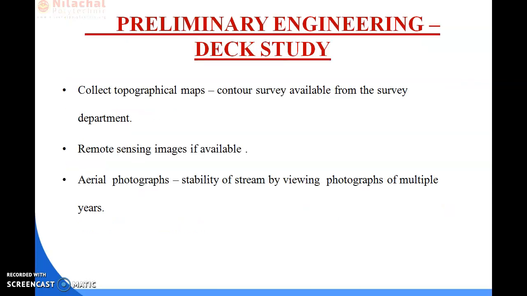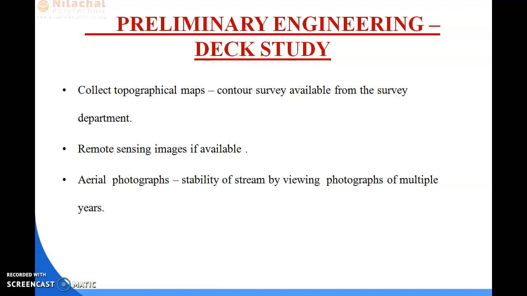Okay, so next we discuss the selection of bridge site, and what the criteria are. We will discuss it briefly. First, the choice of the right site is a crucial decision in the planning and designing of a bridge.